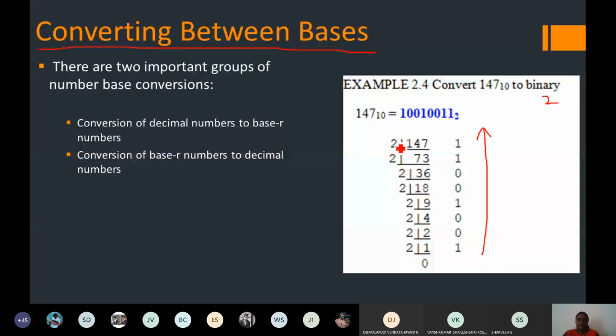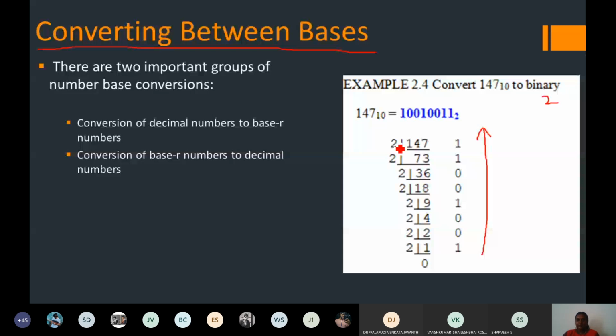144, if I have to convert into binary, I have to divide it by 2 and write down the remainder. If I divide by 2, I will get 73. Then the remaining value I have to write over here, and then again 36 divided by 2, I have to write it over here. I again divide by 2 and write it over here.